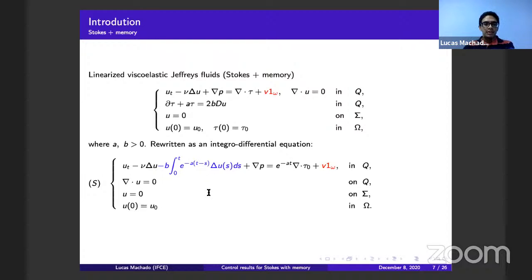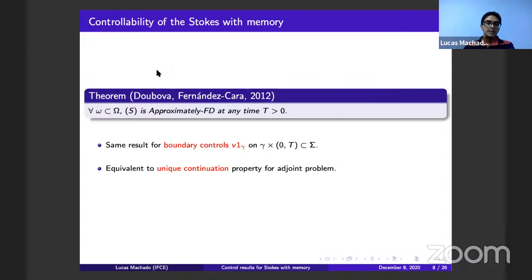Well, for these equations, Anna Doubova and Enrique Fernández-Cara proved a result of approximate finite dimensional controllability. It is this, okay? For all little omega, the system S, Stokes with memory, is approximately finite dimensional controllable at any positive time T, okay?